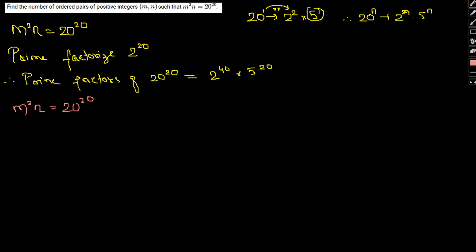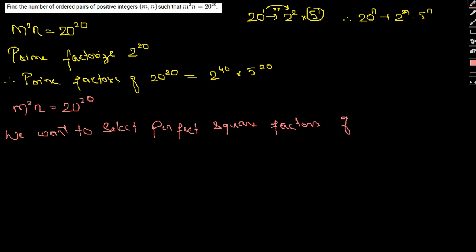This basically means that we want to select perfect square factors of 20 to the power 20.